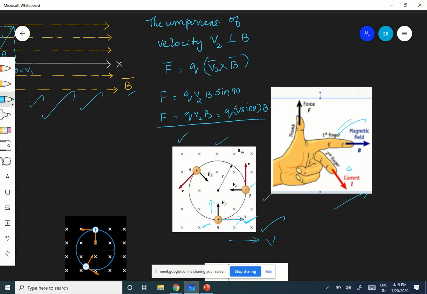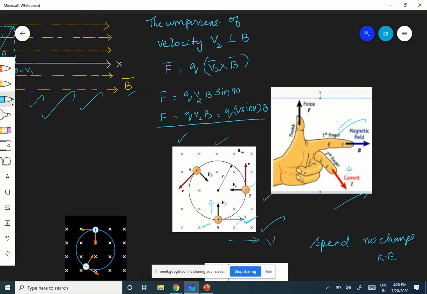I told you, if the force is perpendicular to the motion of the charged particle, this force is not effective in changing the speed of the particle. Speed won't change, only the direction of motion can change. If speed is not changing, there is no change in kinetic energy of the particle.